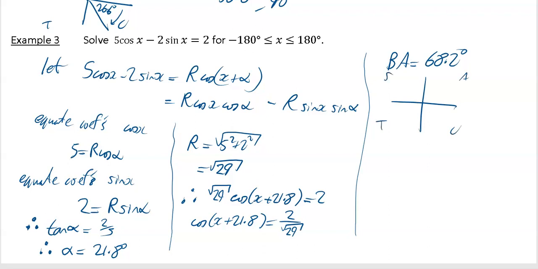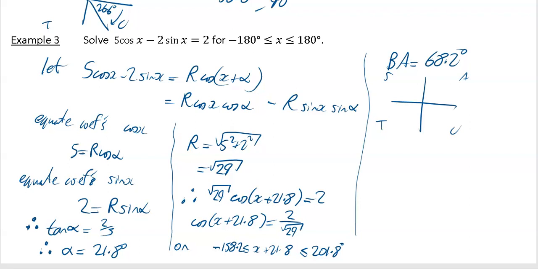And I should have said, sorry, the range here, I forgot to say the range was on, and it's going to be, adding the 21.8, so this is going to be on minus 158.2 is less than or equal to x plus 21.8, which is less than or equal to 201.8 degrees.